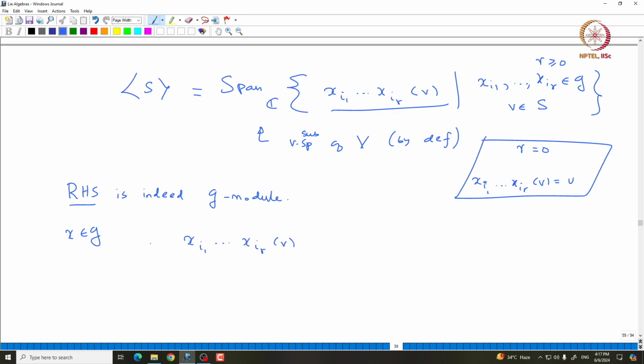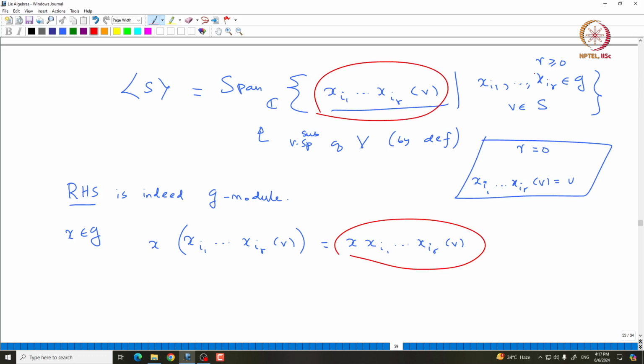If we apply x on this, what we get is x, xi1 etc. xir applied on v, which is also of the same form. Both forms are the same, and we are allowed to take any r greater than or equal to 0. So, this is again inside this collection, call it A. That means the right hand side is indeed closed under the action of G.